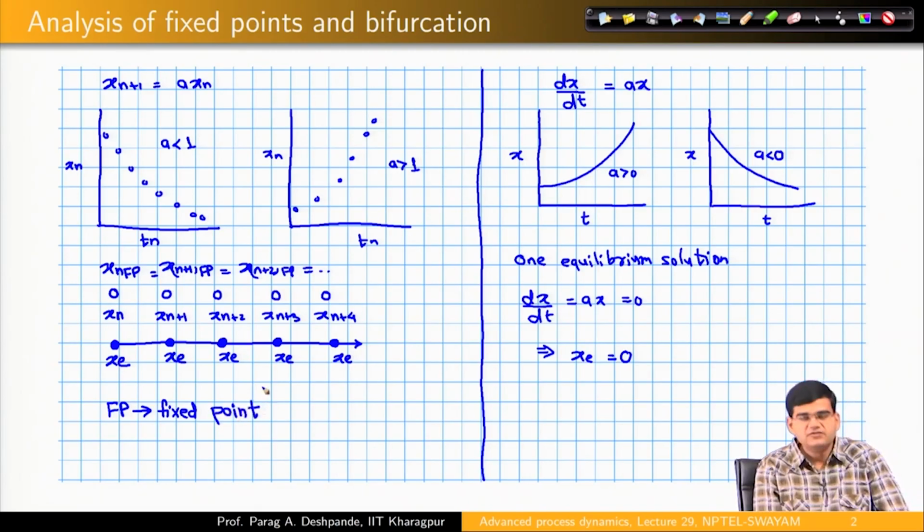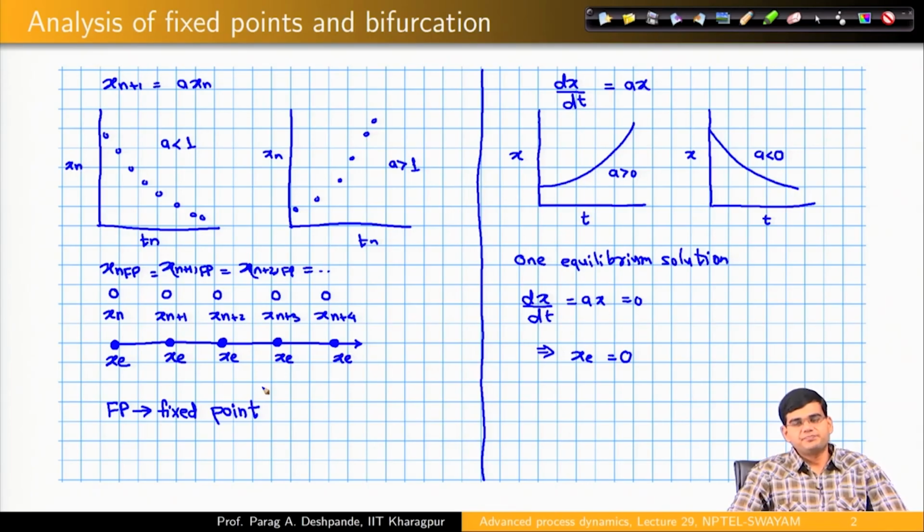F p is called the fixed point of your system, okay, which means that in case of discrete domain systems, if you reach a fixed point, then all the subsequent observations would remain unchanged. In case of continuous domain, if you reach an equilibrium solution, the subsequent dynamical variable will remain the same.